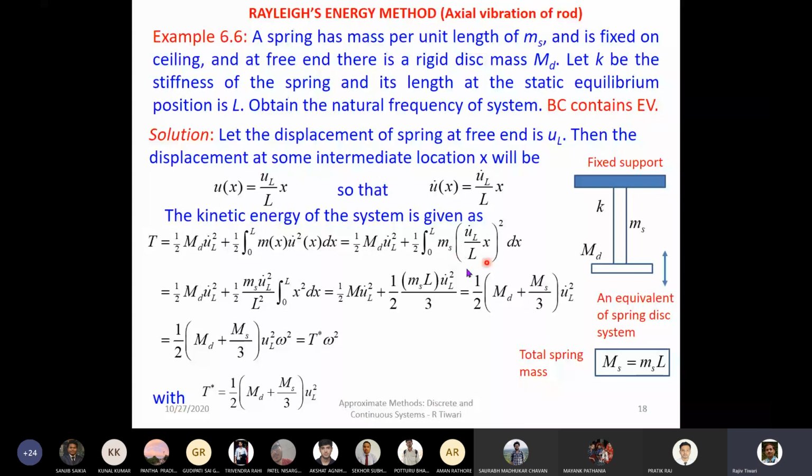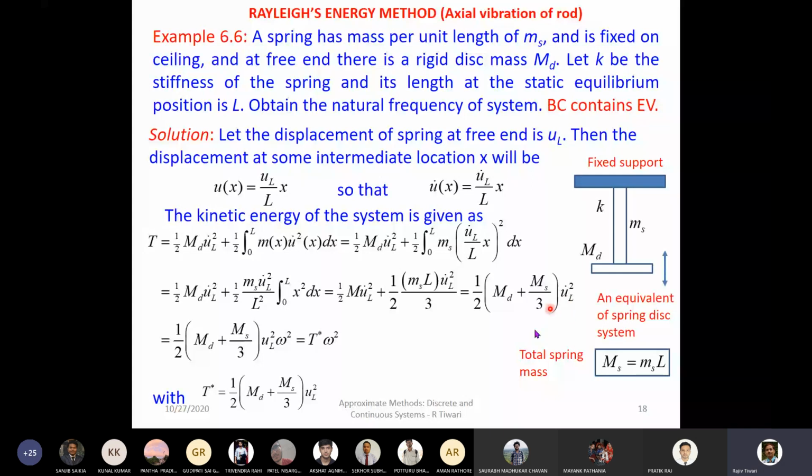If we integrate this, we will get an expression like this, and if we rearrange, we will get the kinetic energy of the system like this: md plus ms by 3, into ul dot square, where md is the mass of the disk and capital Ms is the total mass of the spring, small ms into L.